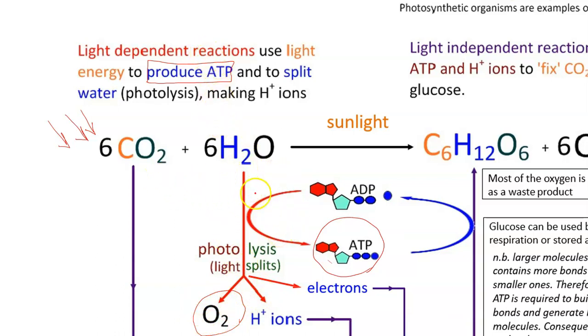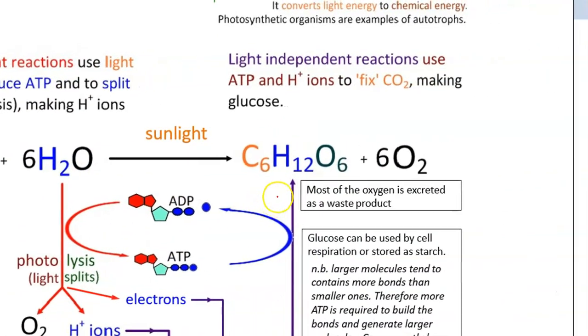What about the light-independent reactions? In light-independent reactions, the energy that has already been stored as ATP will be used for the fixation of the carbon dioxide. What does that mean?